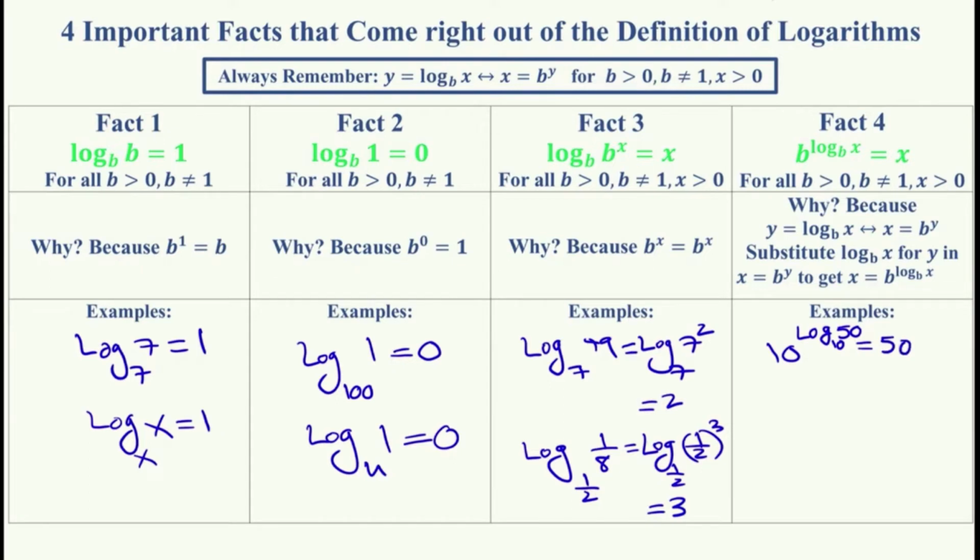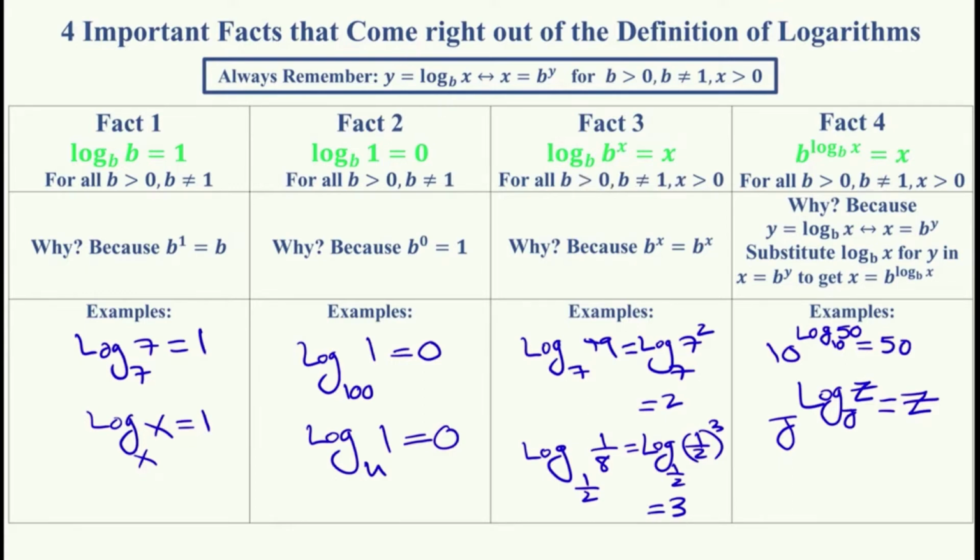Or if somebody gives you j to the power of log base j of z, I guess in honor of jz, you just get what? You just get z. All right? So that's a quick summary of these 4 basic facts that pop in from time to time. So you really want to be familiar with them and be comfortable with them, okay, before we proceed.